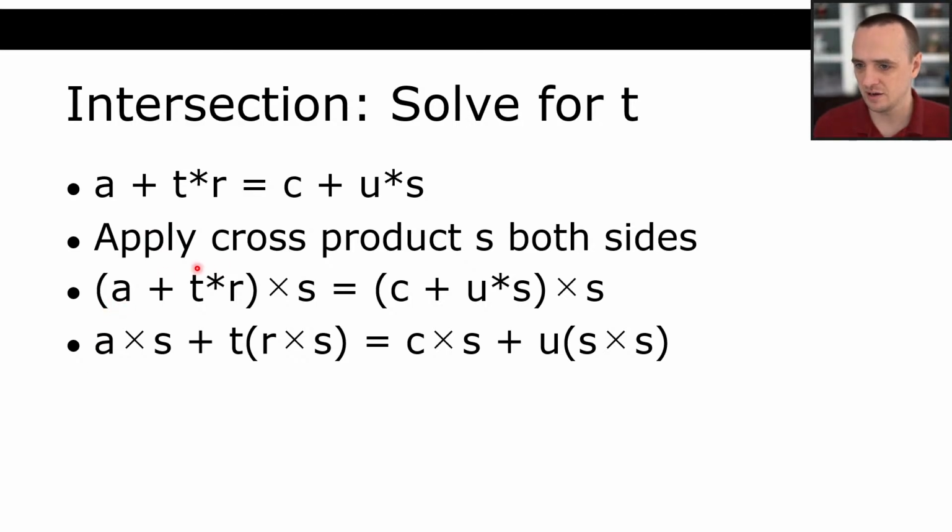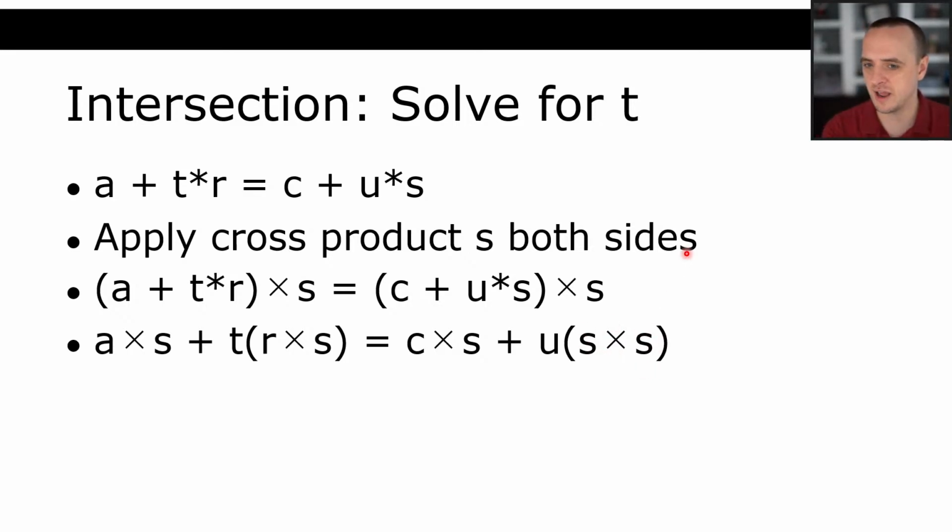So we have A cross S plus T times R cross S, okay? T is a scalar, so it can be pulled outside. It's equal to C cross S plus U, which can be pulled outside because it's just a scalar, times S cross S. But look at this.